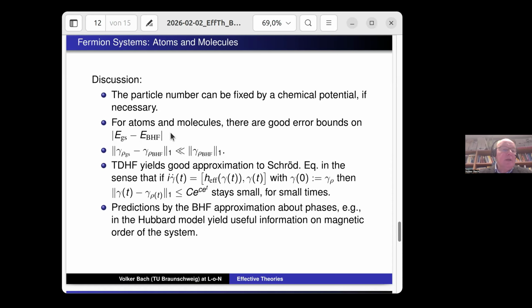That was for atoms and molecules, but then there have been studies of other systems, in particular condensed matter systems, where one can take advantage of the translation invariance of these systems. There have also been, almost 35 years ago, very good results by Graf and Solovay.